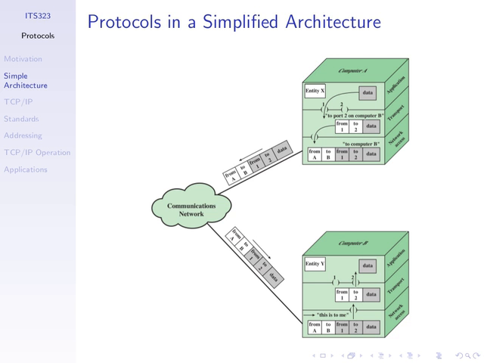Because the to address is B, the network will deliver that to computer B. Computer B receives the data, removes this extra information, passes it on to the transport layer. The transport layer realizes it was to application number 2 and sends it to application number 2 on this computer, which gets the original data and does whatever it needs to do.